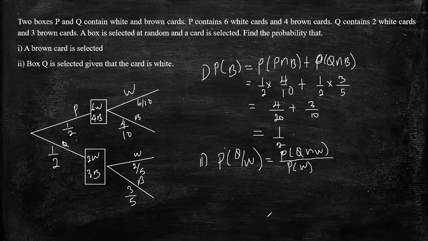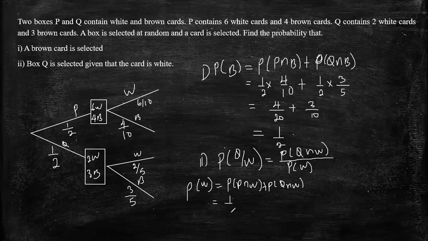So we first get probability of getting a white ball. So this is going to be probability of P intersection W plus probability of Q intersection W, which I think is also a half.